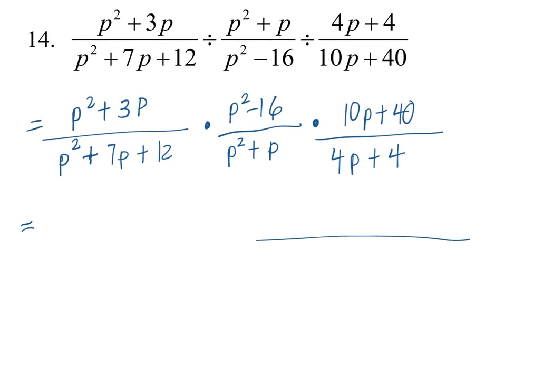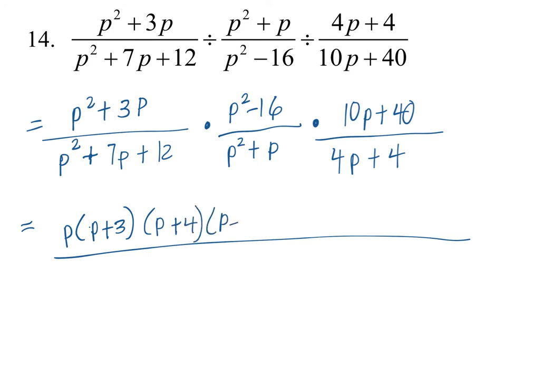So let's factor everything out. P squared plus 3p, I can take out a p, be left with p plus 3. P squared minus 16 is a difference of squares. 10p plus 40, you can factor out a 10. And remember, 10 is 2 times 5.